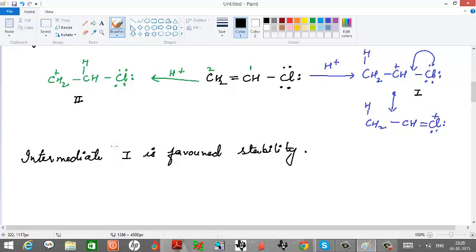Now these intermediate effects are of two types. They are categorized into two ways: plus E effect and minus E effect.